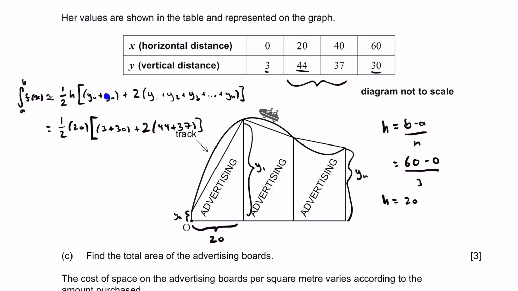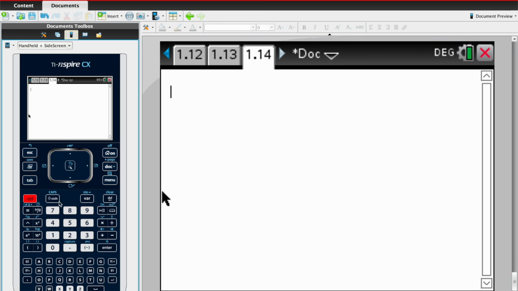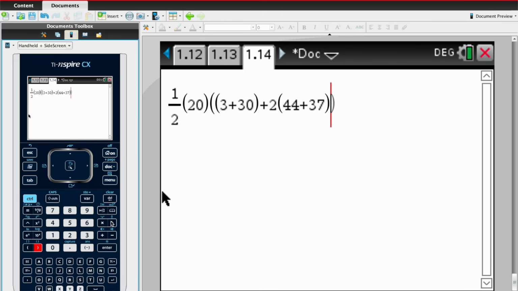So y0 plus yn plus 2 times all of the single intervals here. So let's go into the calculator and write this out. 1/2 times 20 times, open up double brackets, 3 plus 30, plus 2 times 44 plus 37.